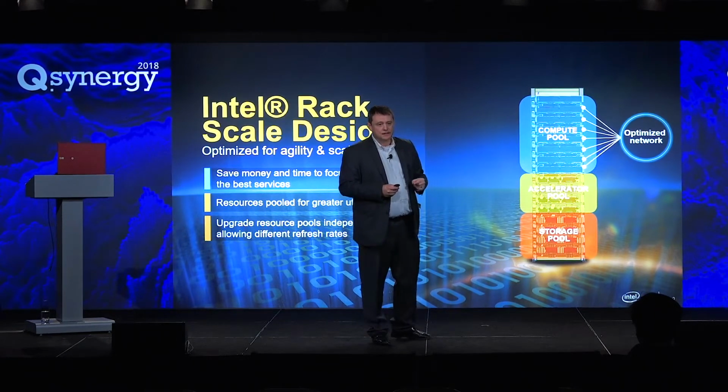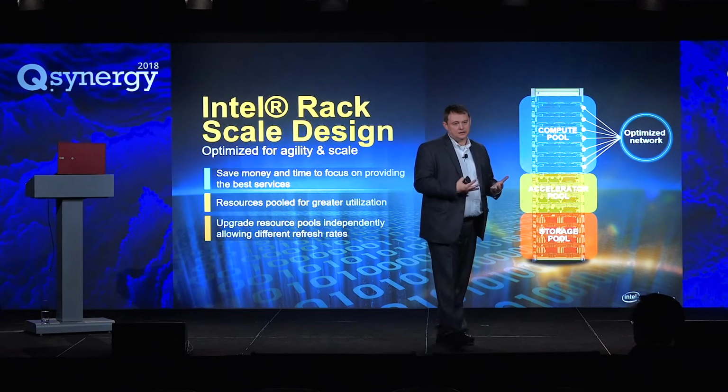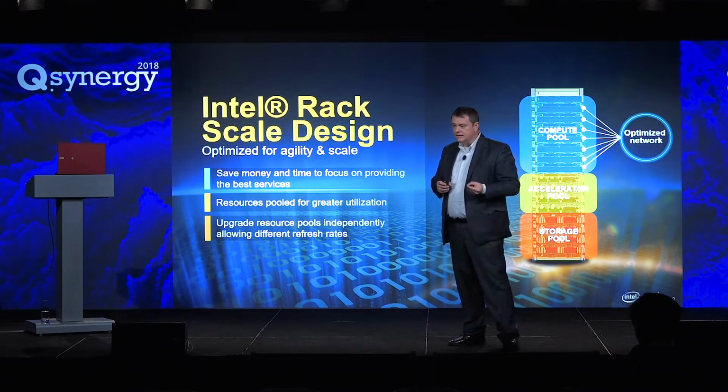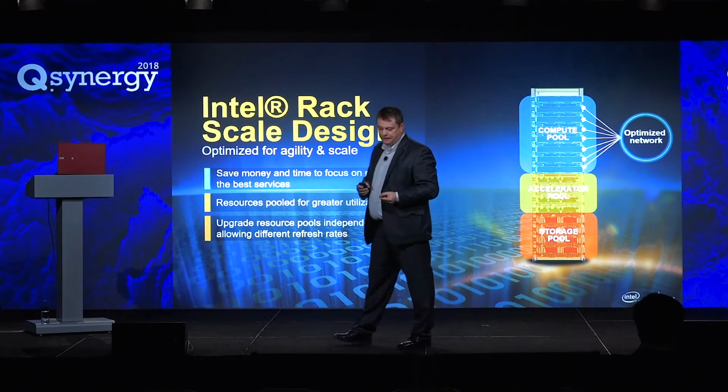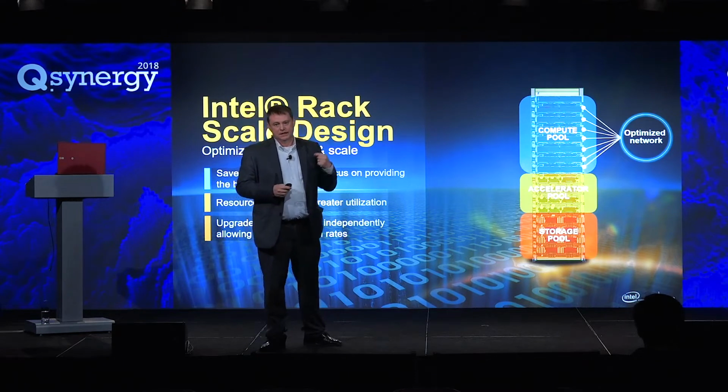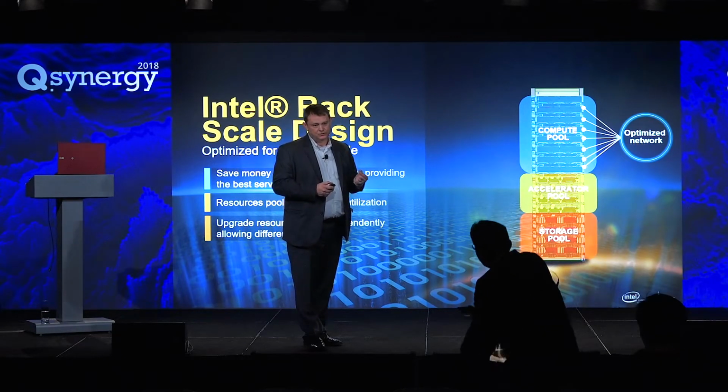The cliff notes is that by disaggregating the hardware and creating software composability, you can save money and time by just focusing on providing the best services and the optimized configuration for what you need.